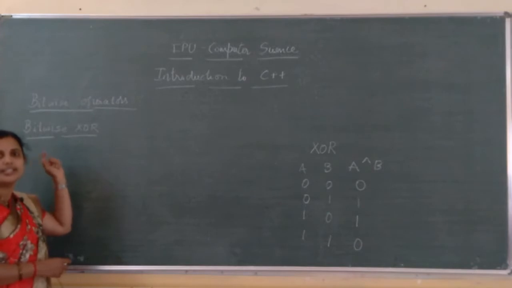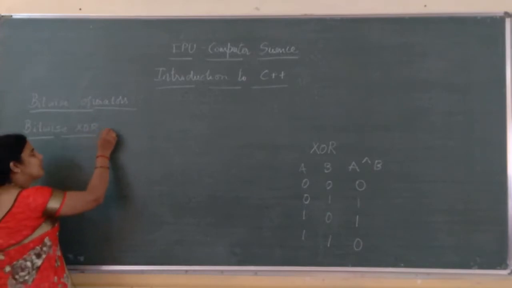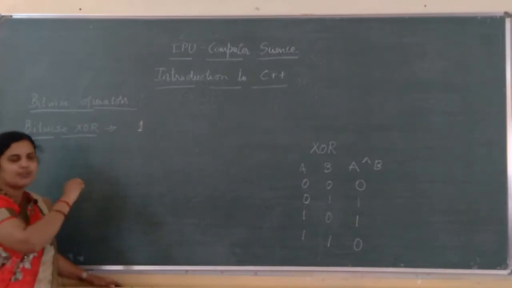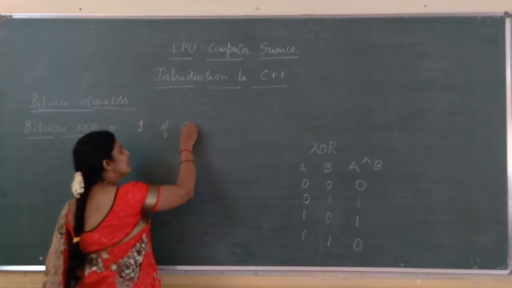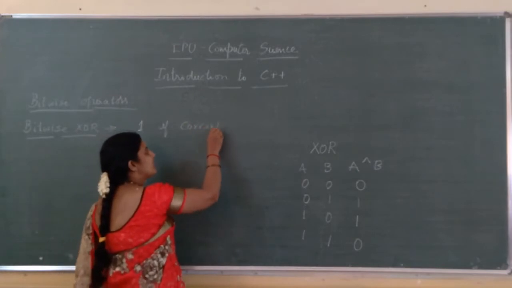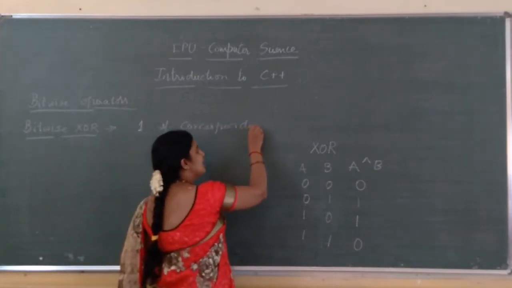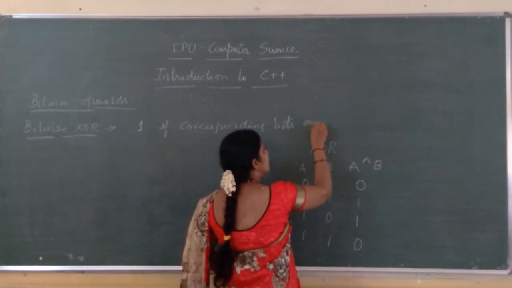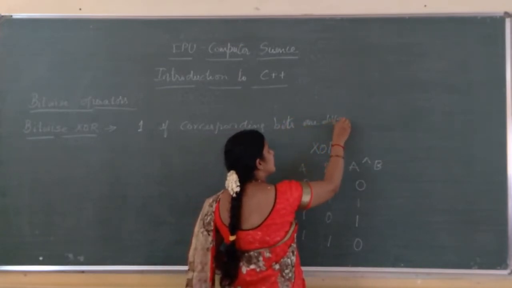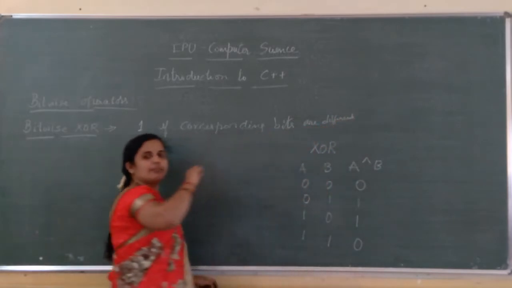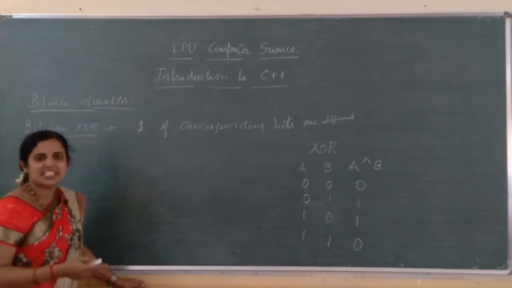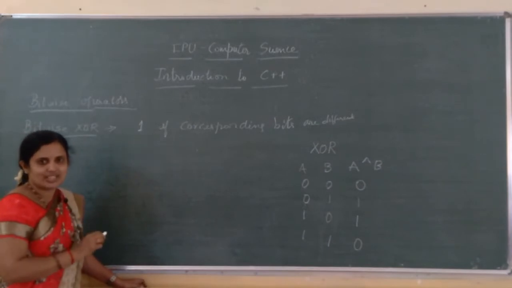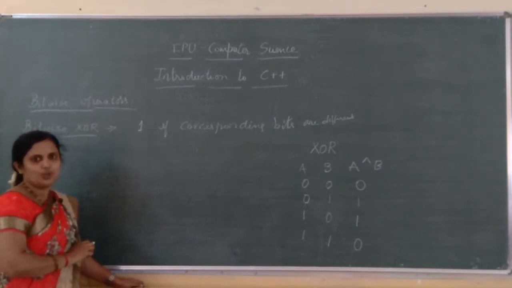The XOR operator gives 1 if corresponding bits are different. If the bits in A are different from the bits in B, then the output is 1, otherwise the output is 0.